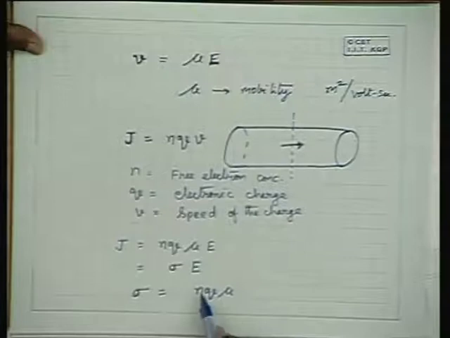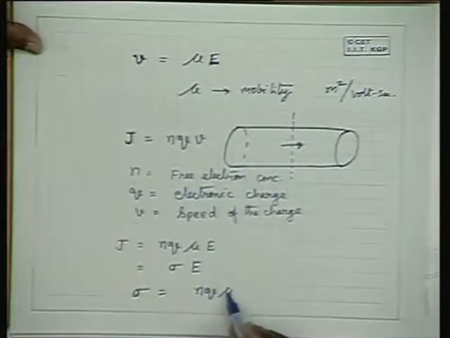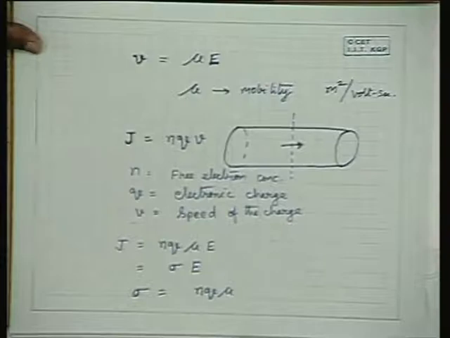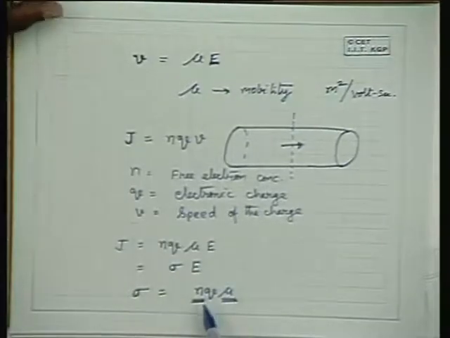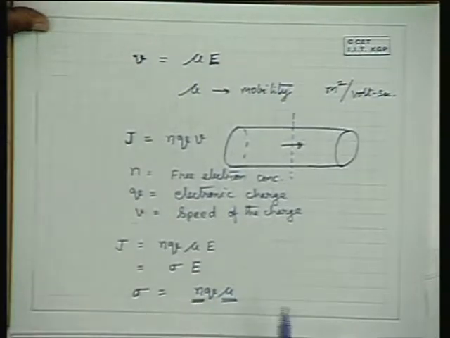So, naturally it depends on the free electron concentration N in the material and the mobility of the charged particles in that material. Okay. So, this is a characteristic of the material. So, this is also a characteristic of the material. Therefore, the conductivity varies from material to material, and it is like this, NQ into mu.